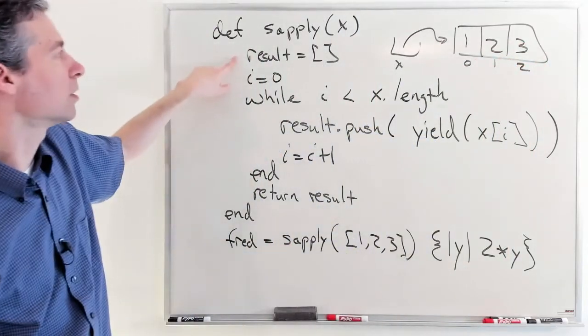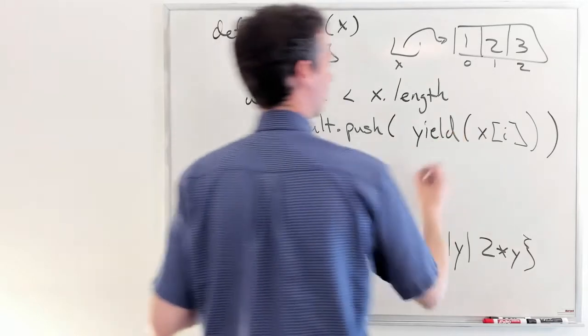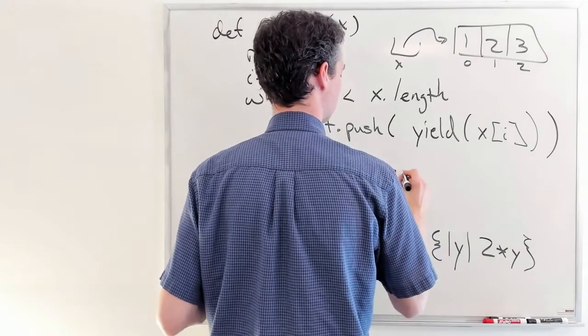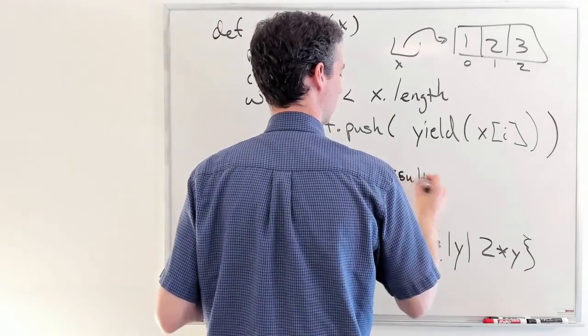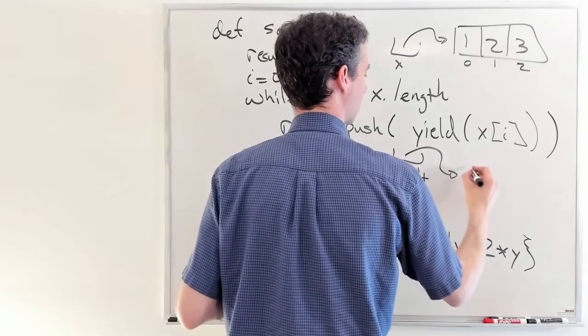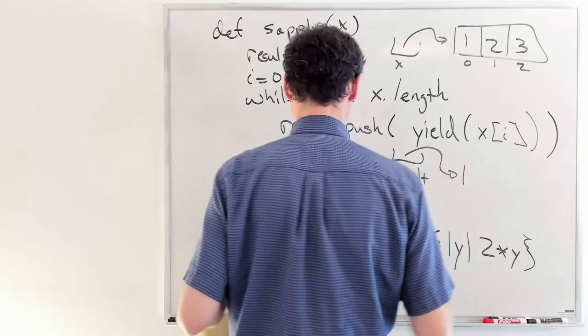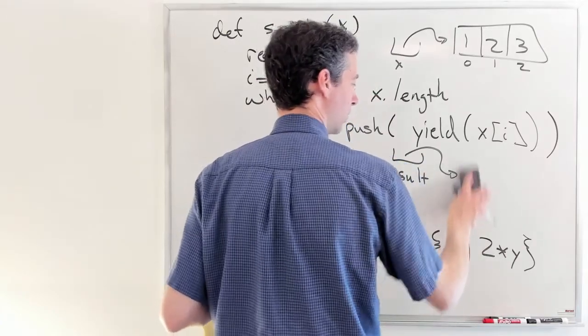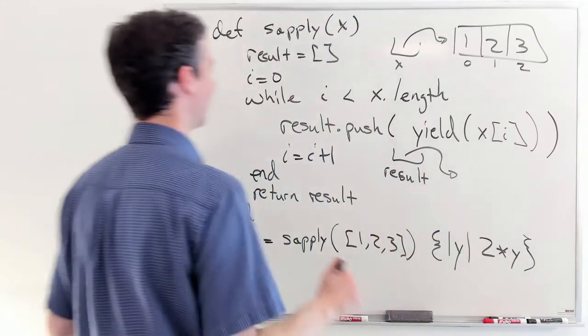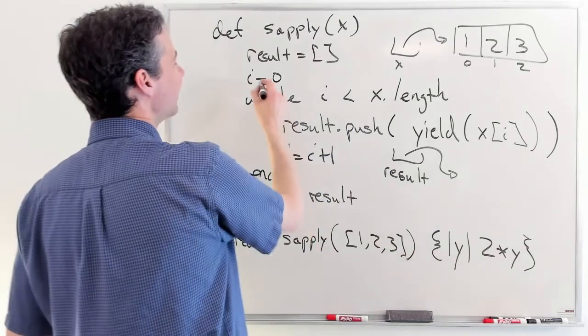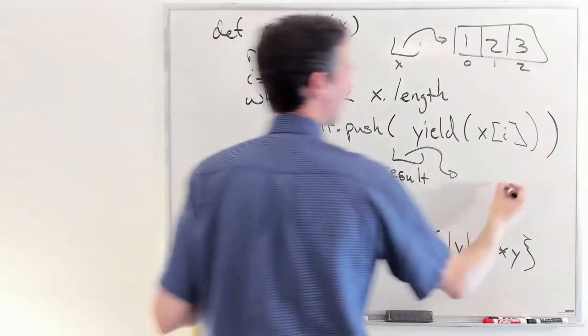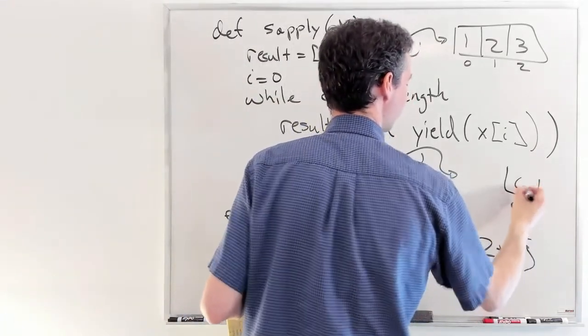We come into here, we make a new result, which goes to, it's currently an empty array, 0 length. I don't know how to draw that. It's something. All right. And then we have i, i is 0.